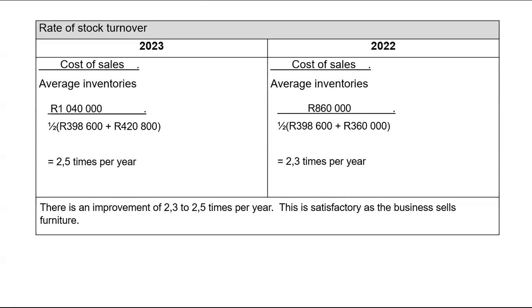All of those things affect the rate of stock turnover. So this business might have done well, and to improve by 2 times is actually decent, all right? But for a furniture business, is it really satisfactory? It depends on what type of furniture they're selling, as I've said.